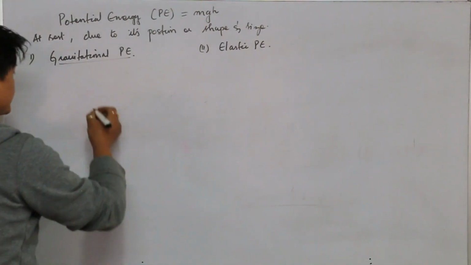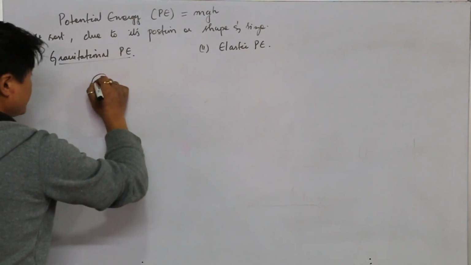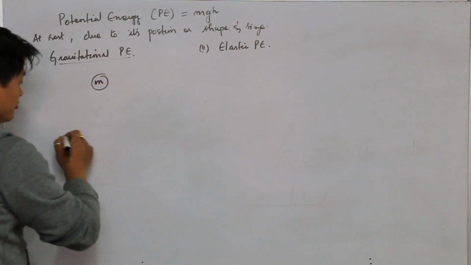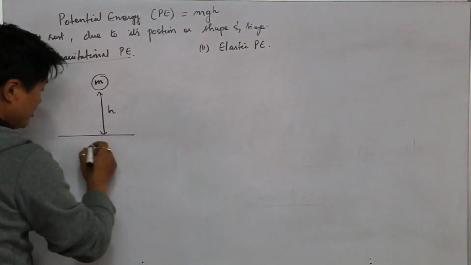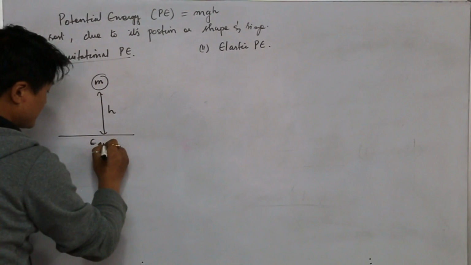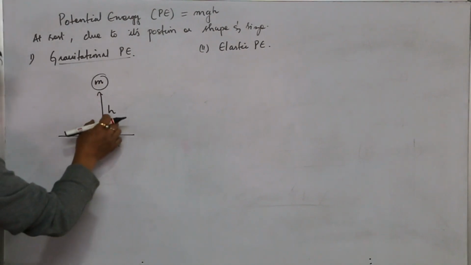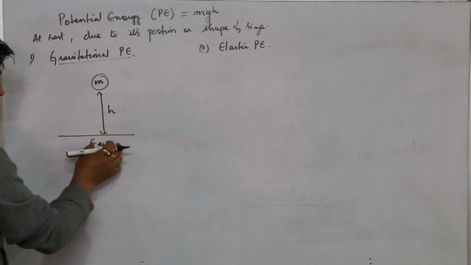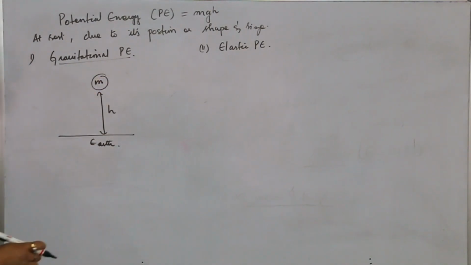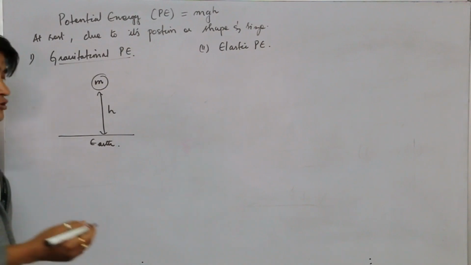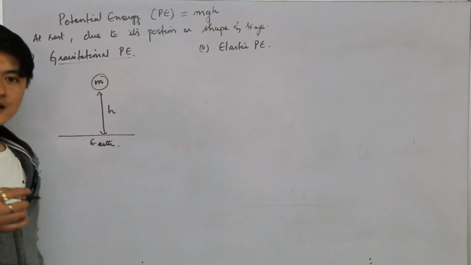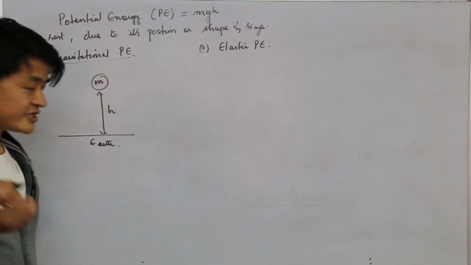So let's take one example. If we have a body of mass m which is kept at a height h from the ground or earth, if the body is kept at height h above the ground, above the earth, does this body do any work? Does this body have any kind of energy? Let's find out.